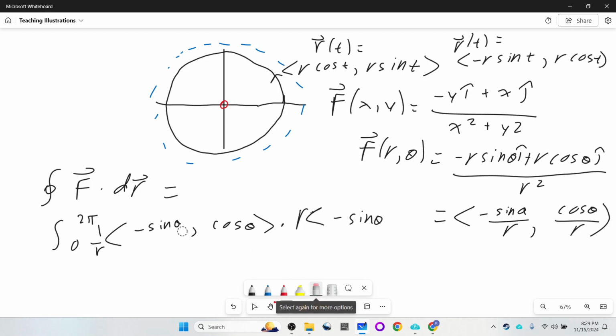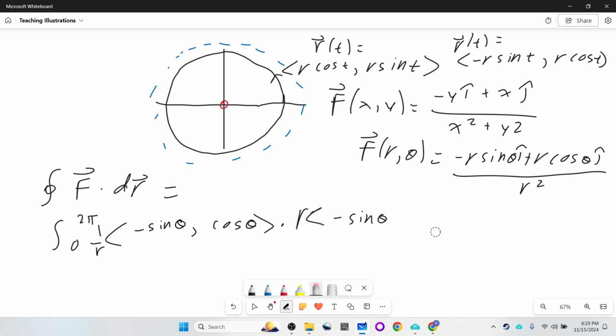I said t earlier, so I should probably be consistent. Or I seem to have mixed them up. Oh no, we'll use theta because we're in polar coordinates, so it doesn't actually matter what we call it. It'll come out the same. We have r sine theta, r cosine theta, d theta.